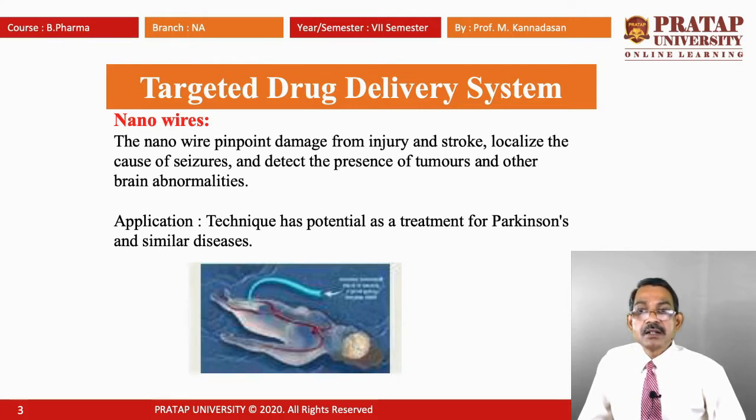Nanowires are very useful for pinpointing any form of injuries and stroke, localizing the cause of seizures, and detecting the presence of tumors and other brain abnormalities. Applications: it is a diagnostic application for cancer and similar diseases, particularly Parkinson's and related diseases.